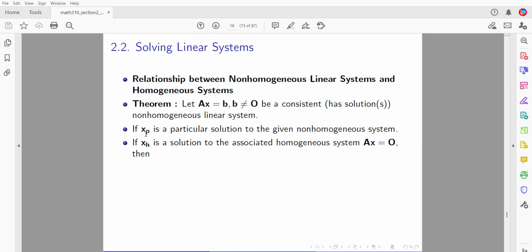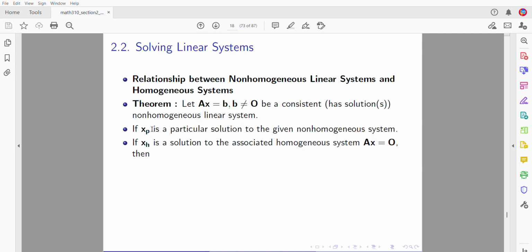If xh is a solution to the associated homogeneous system. Those of you who have taken differential equations will recognize this. If not, here is what I'm saying: replace b by 0 and find a solution of the homogeneous system.